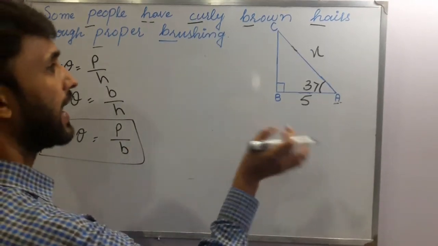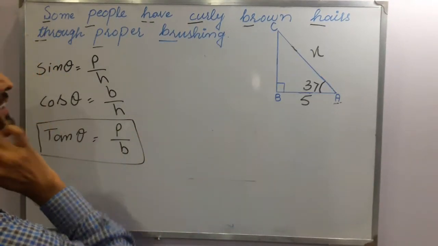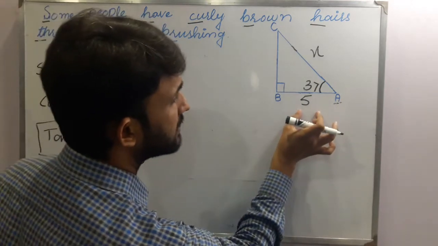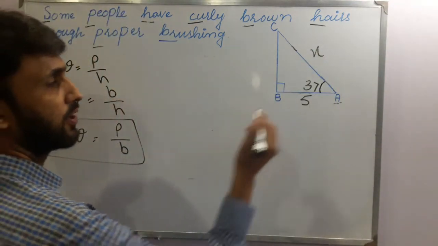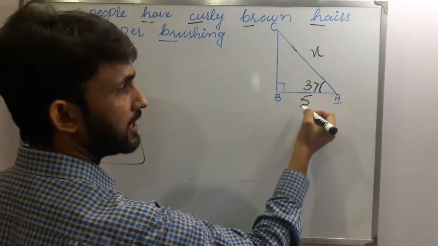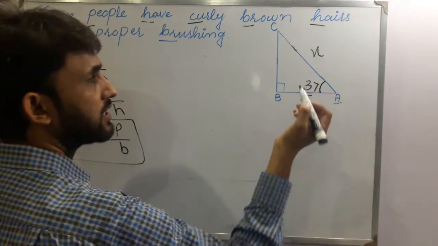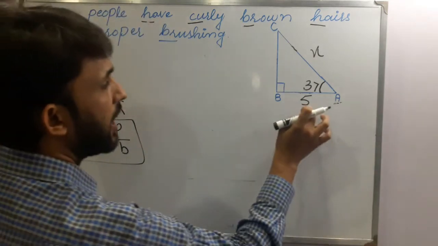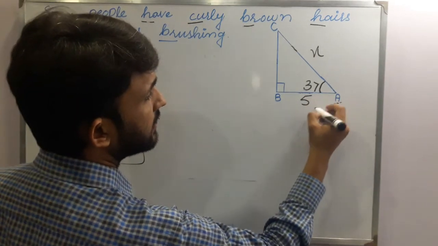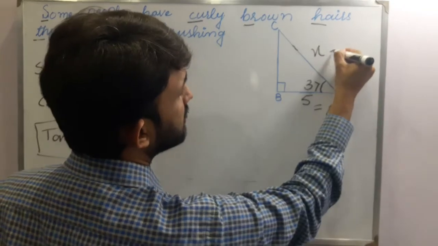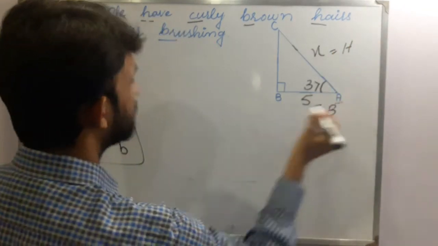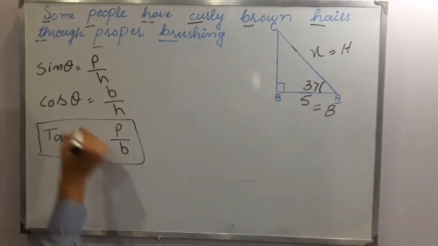Now we have the second case where we have the base and we have to find the hypotenuse. The side with the angle is base and in front of 90 is always hypotenuse. We have to find the hypotenuse. This is your base and this is the hypotenuse. First we have to define where base and hypotenuse are used.